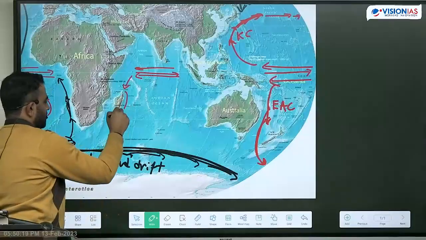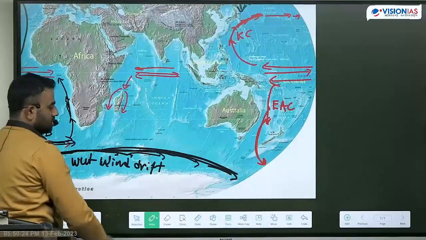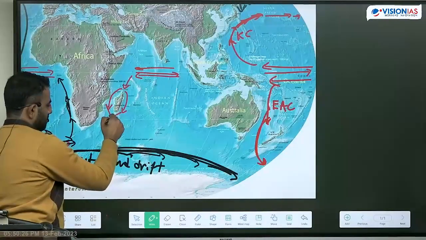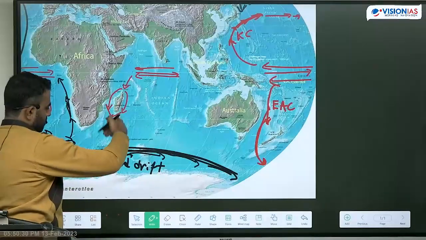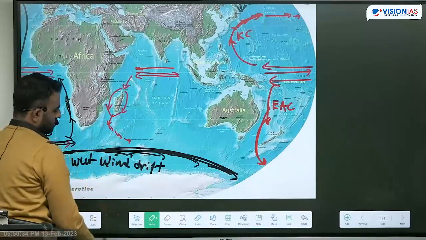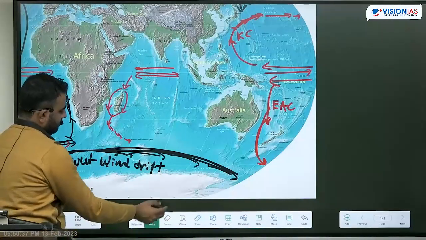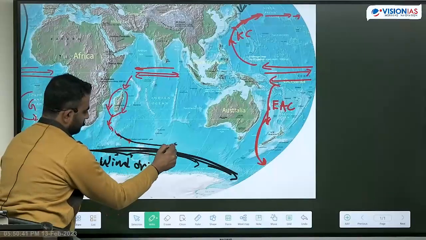Madagascar divides it into two parts. One moves towards the east, another moves towards the west. And both of them will merge back and move towards the south. But as it comes towards the south, as it crosses 30 degrees, it will start to turn left, and then it will join the west wind drift.